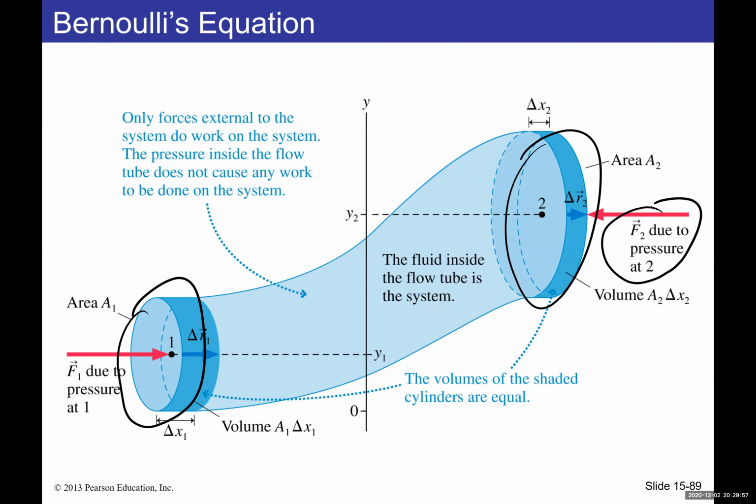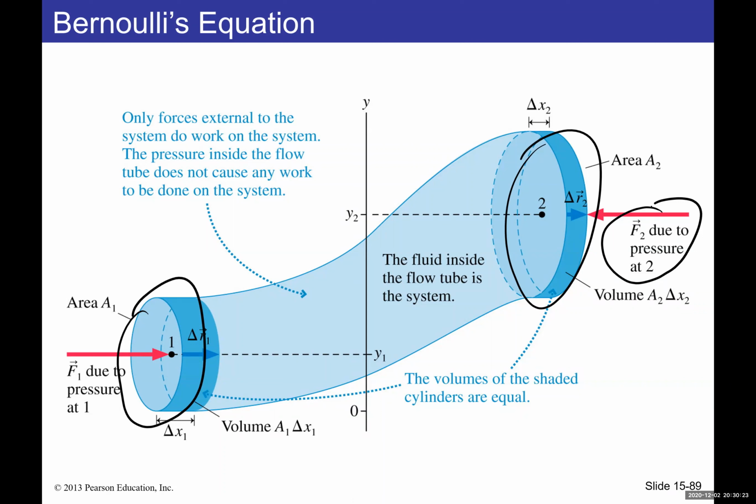That means there's a force at both ends, in opposite directions. Whichever end, point 1 or point 2, has a greater pressure, the flow is going to follow along that direction.